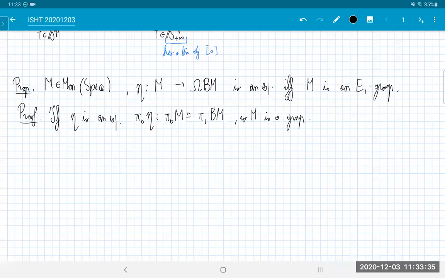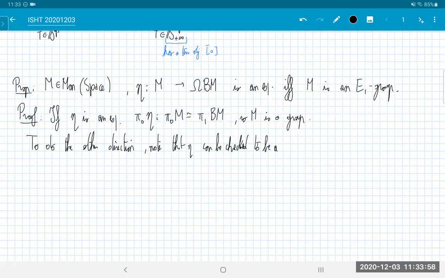To do that, note that eta can be checked to be an equivalence on underlying spaces, because a map in a functor category is an equivalence if and only if it's an equivalence pointwise, on all values.